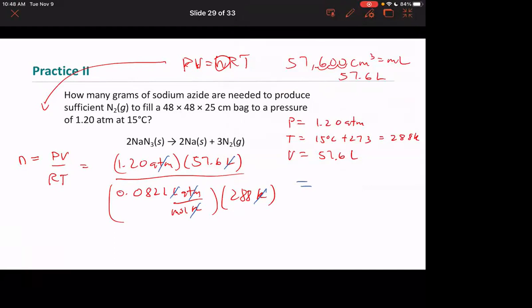Equals, how many moles do I get? What is it? 2.92. 2.92 moles.